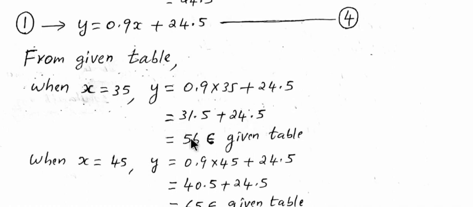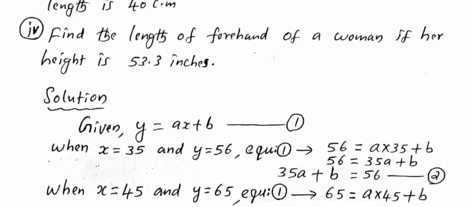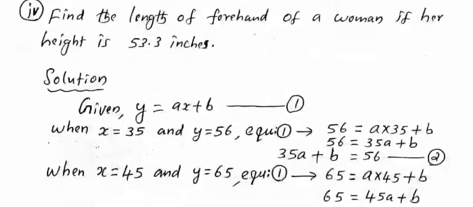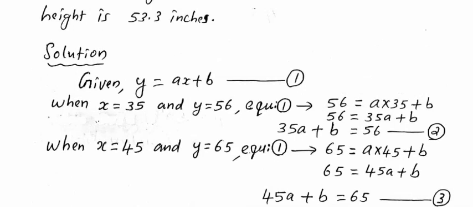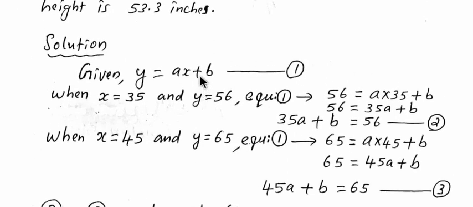Then add. We get 56. This 56 belongs to given table. Corresponding value of x is equal to 35 is nothing but 56 here. Therefore, this equation satisfies the values x and y.